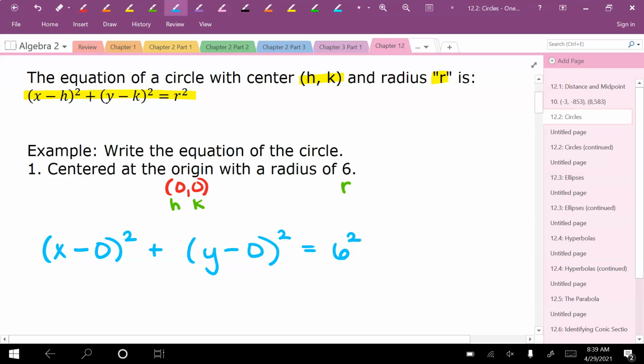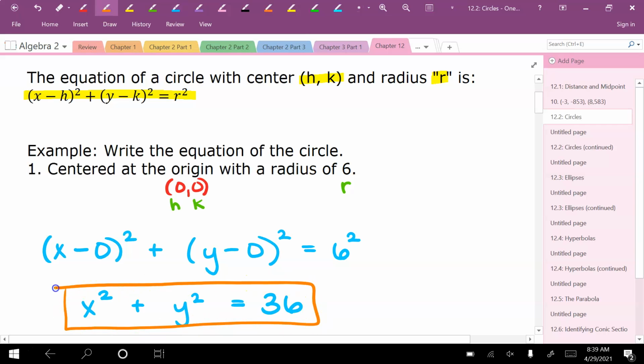Now when you have something centered at the origin like this, and you're doing x minus 0, y minus 0, it's not really going to change your x or your y. So we're going to rewrite this so it just says x squared plus y squared equals 6 squared, which is 36. So this would be the equation of that circle. Okay, you guys try number 2.